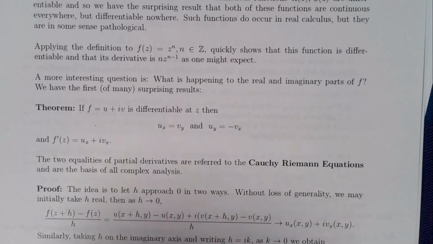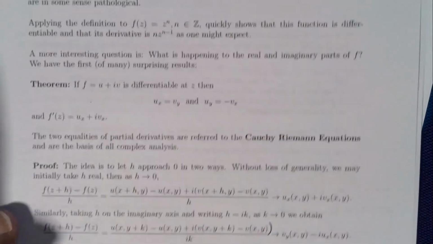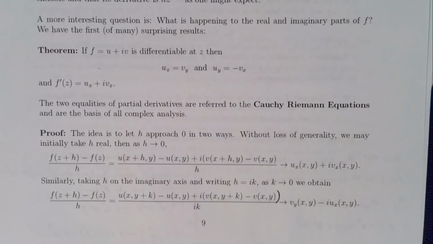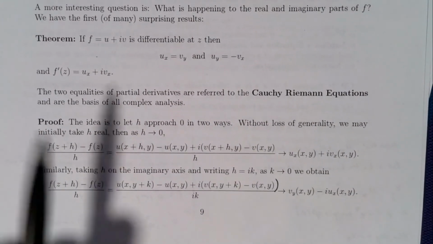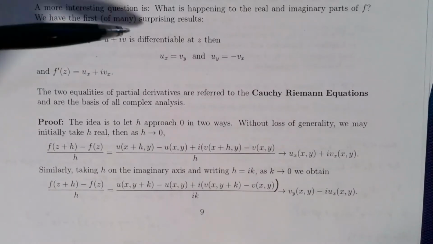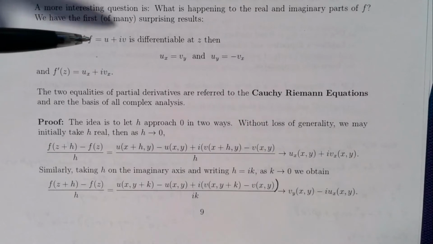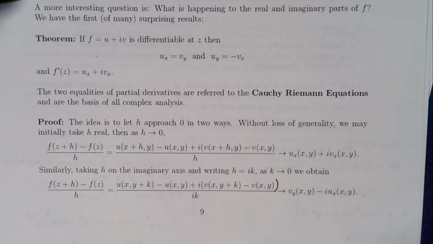Let me just quickly go through the proof as to where these things come from. So the idea is to let h, we're assuming that the function is differentiable, and that means that quotient limit must exist as h goes to 0 in any way we like.